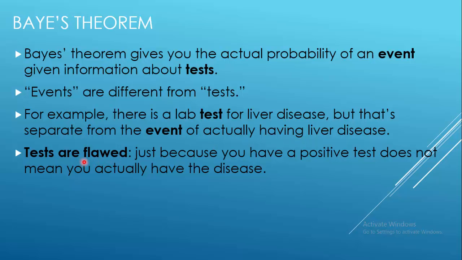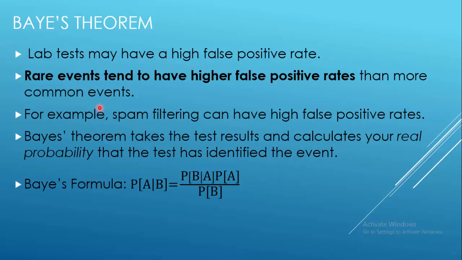Tests are flawed, meaning that you may have error in the test result. Just because you have a positive test result does not mean you actually have the disease, because the test result may have some error. Lab tests may have a high false positive rate. Rare events tend to have higher false positive rates than more common events.